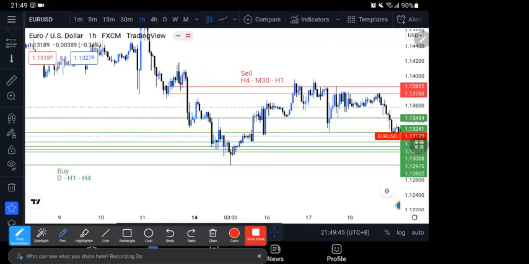So apa yang berlaku bila M30 break H1, jadi start daripada sini dah, saya tak share lah. Dia break H1 ni, kita akan cari key level di M30 untuk re-entry sell. Untuk nak cari key level M30, tak semestinya kita cari di dalam ni. Sebab, cuba bayangkan, macam mana kalau breakout tu dia sampai ke sini.